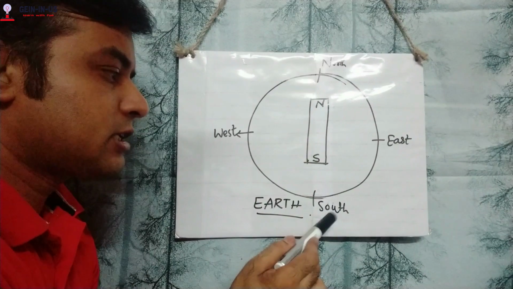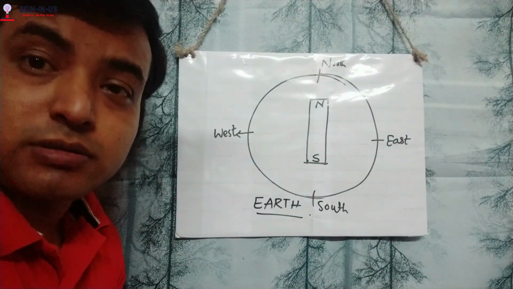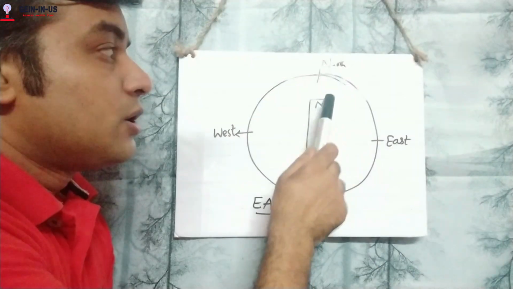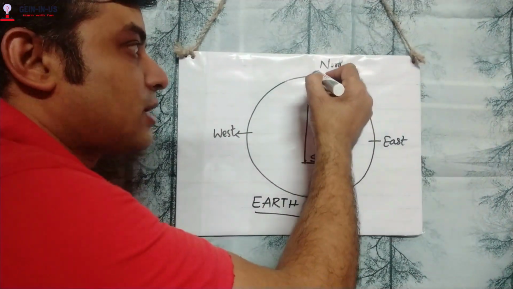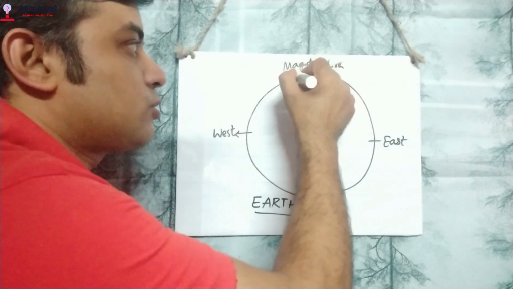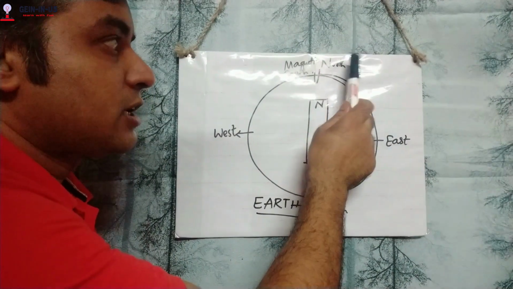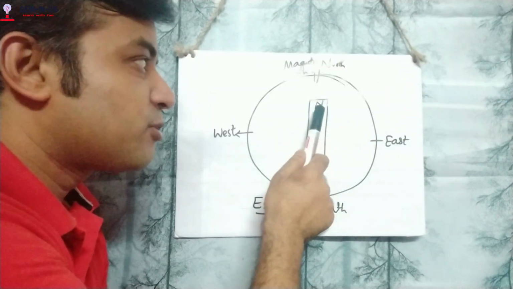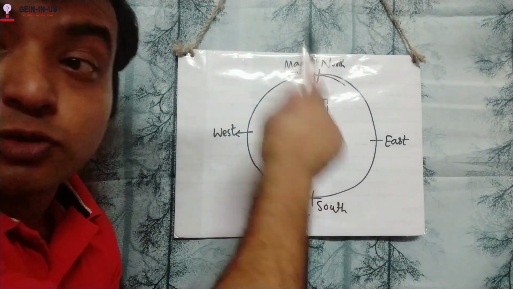But why is this north pole always pointing towards the north pole of the earth? Because at this geographical north pole there is a magnetic south pole of the earth, and the north pole of the magnet is attracted by that magnetic south pole of the earth.